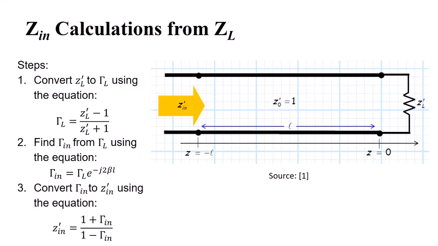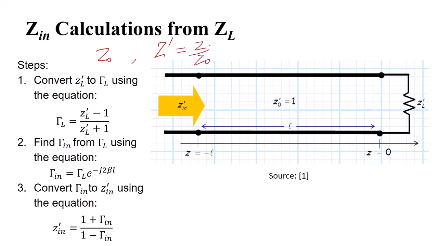Now, what is the procedure to find the Zn using the Smith chart? First of all, the transmission line will be given to you and Z naught is given to you. So first you find the normalized load Z dash equals Z over Z naught.